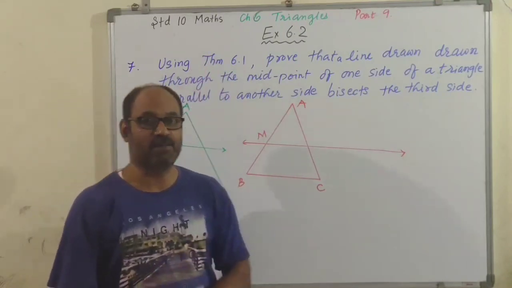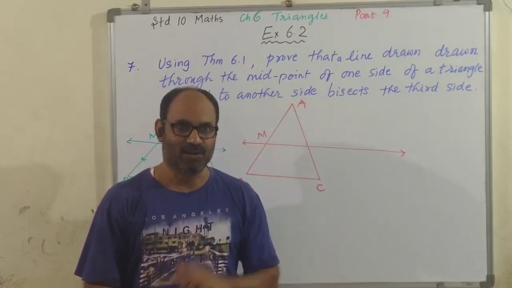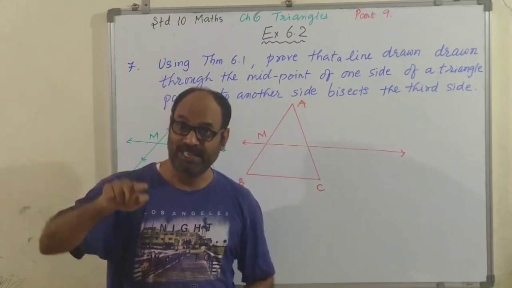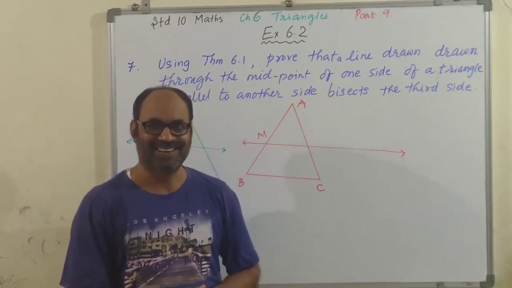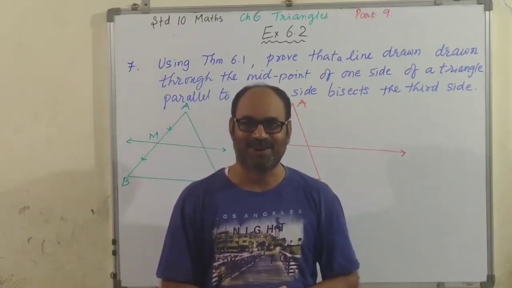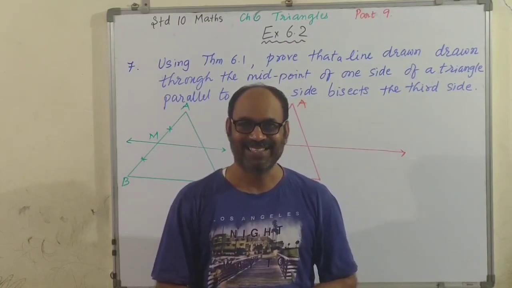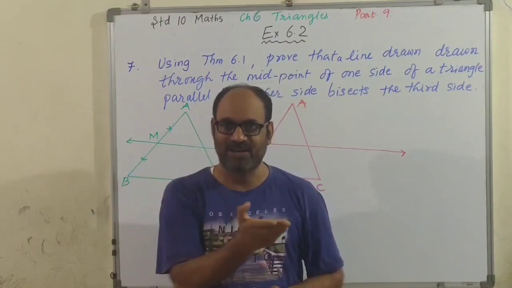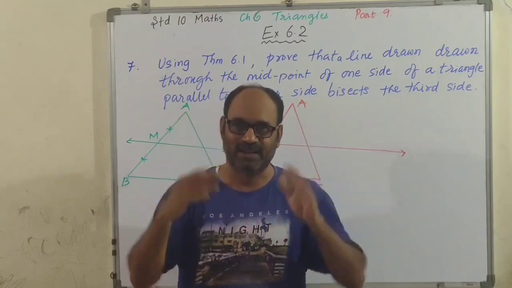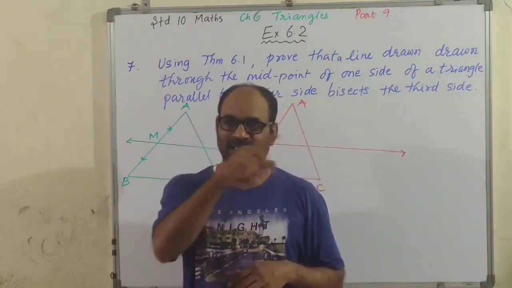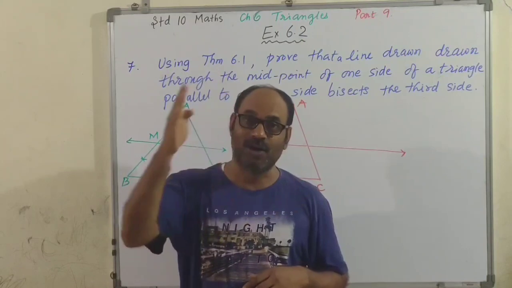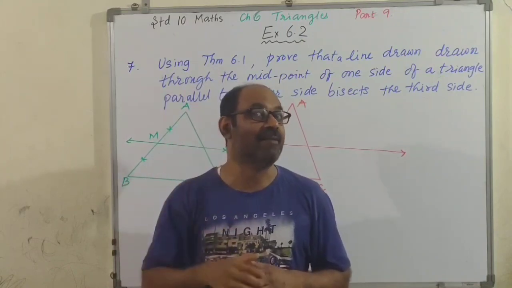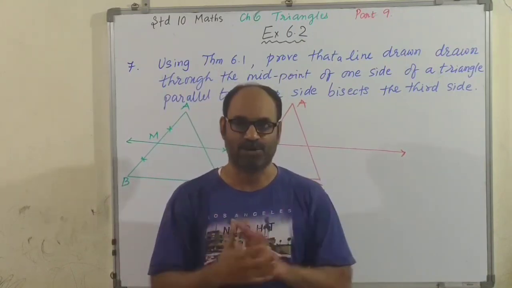Using theorem 6.1, you have to prove this statement. Can you recall what theorem 6.1 is? Yes. If a line is drawn parallel to one side of a triangle to intersect the other two sides in two distinct points, then that line divides the other two sides in the same ratio, same proportion.